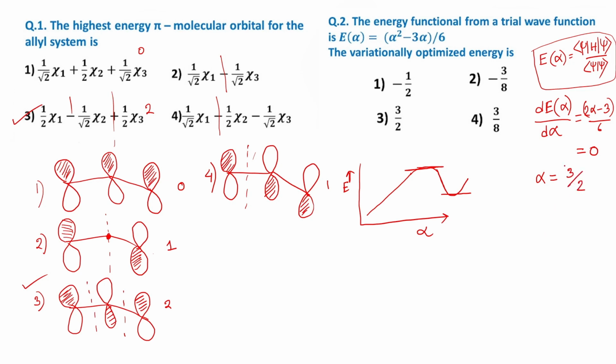Okay, so now you have to put your value of alpha here. So now it is 3 by 2 whole squared minus 3 into 3 by 2, by 6, which is 9 by 4 minus 9 by 2 by 6.